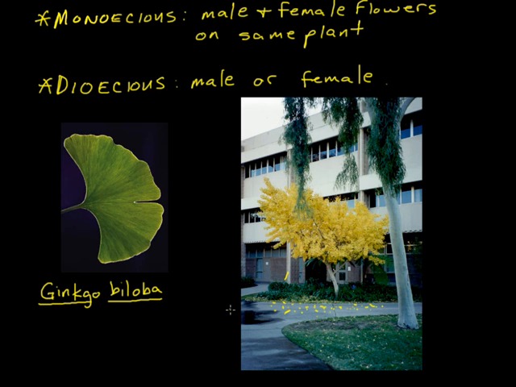But the real big problem with these is the fact that these fruits, when they start to decompose, they smell really, really foul. And so for that reason, long story short, particularly with a ginkgo biloba, it pays as a landscaper to know whether or not you have a male or a female tree. And the one that you want is a male tree if you're using it for an ornamental, because you want to avoid the smelliness and the messiness of the female trees.